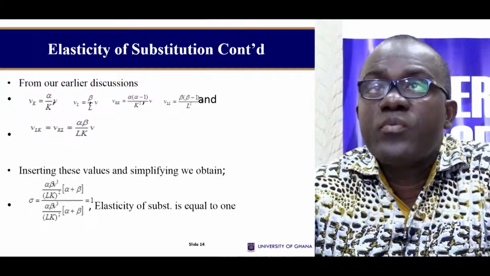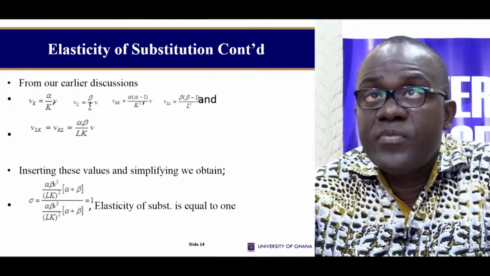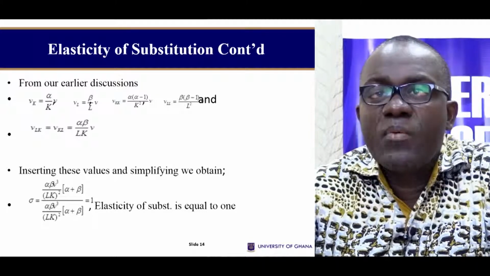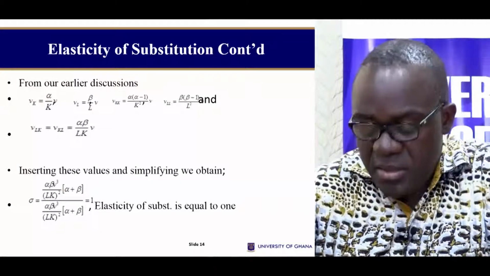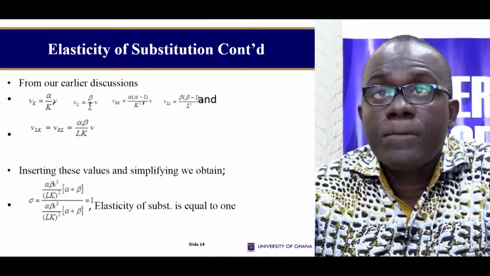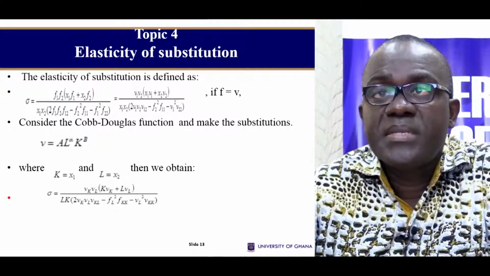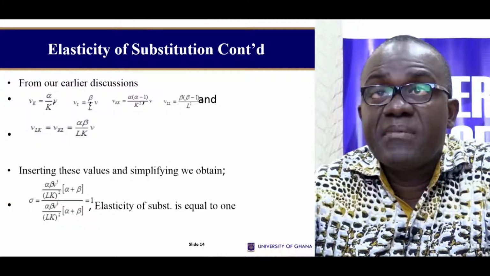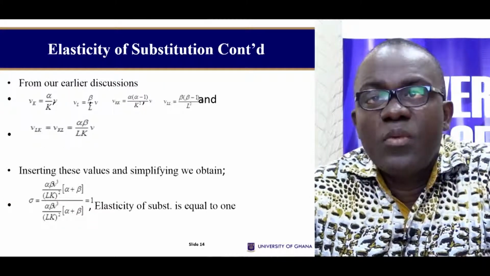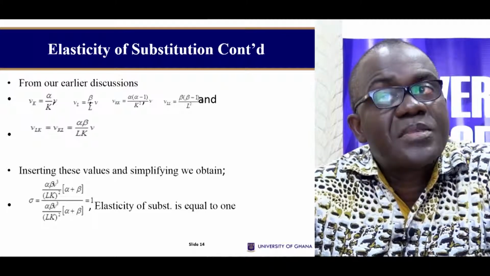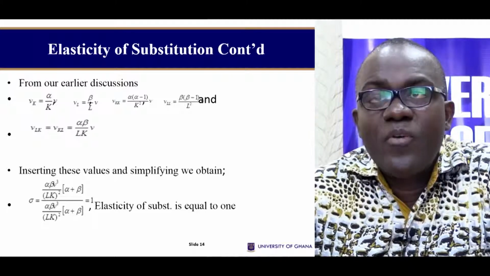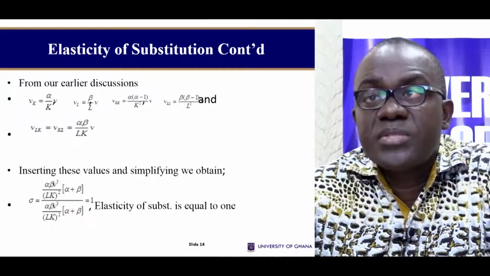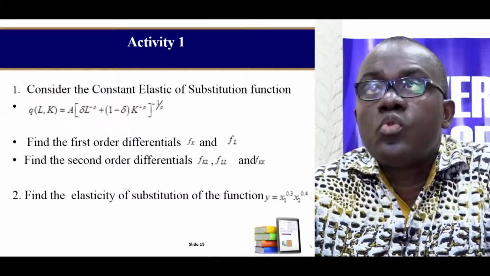And if we take it that these are the differentials of the Copula function, and then we insert them into our elasticity of substitution function, which is here, we insert all the first order and second order derivatives into the function, the values are here, and then we evaluate, we get 1, right? So what it means is that for a Copula function, the elasticity of substitution is equal to 1.